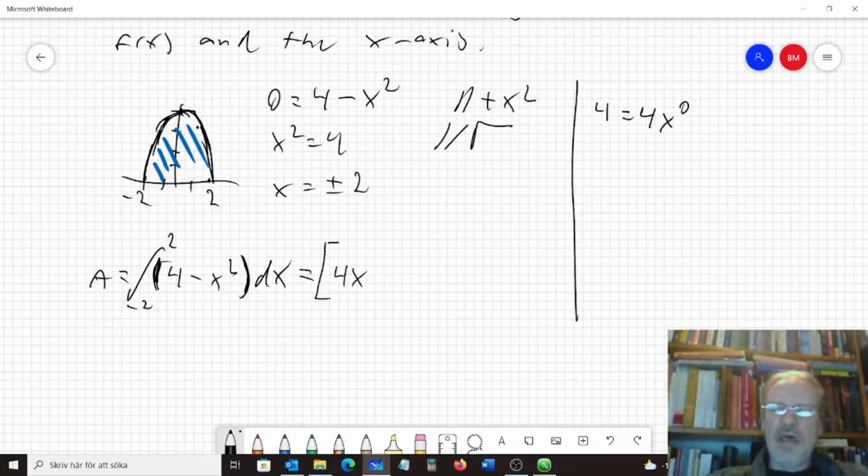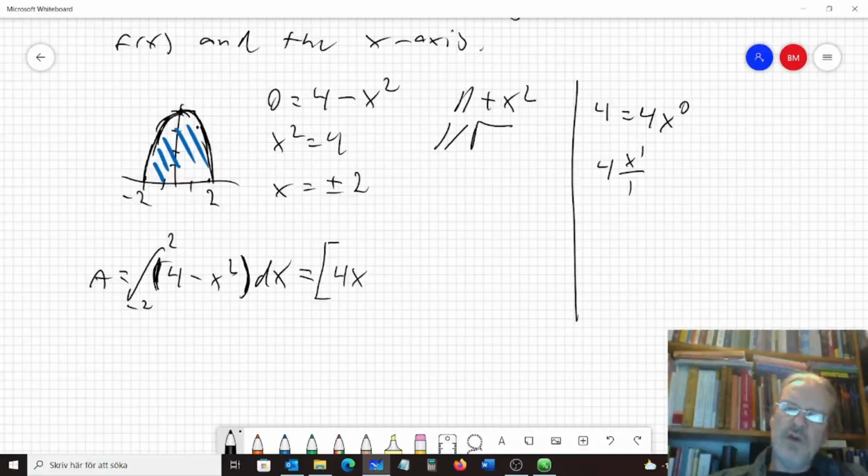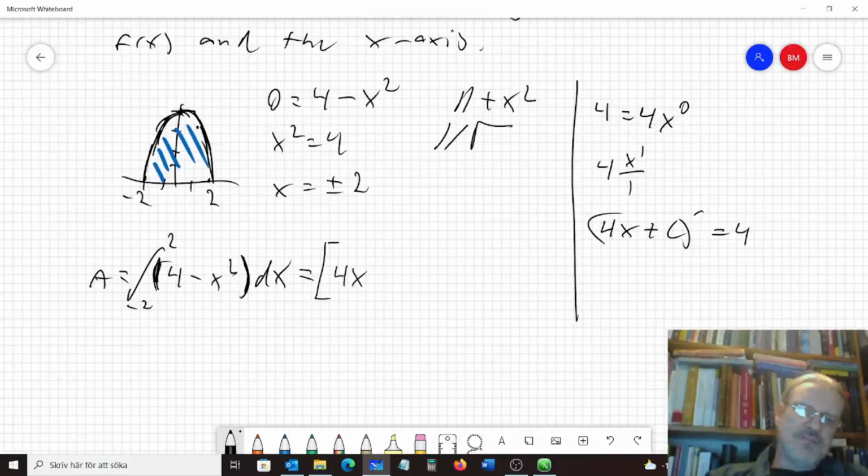And using the rule we had, that the antiderivative is x to the power of n plus 1 over n plus 1, that will give us 4x to the power of 1 over 1, which is 4x. Another way to see that is that we know that the derivative of 4x plus some constant equals 4. So the antiderivative, in other words, is 4x plus some constant. But we don't care about the constant here, since that will cancel away anyhow. So 4x minus, and the antiderivative of x squared is x cubed over 3, right?